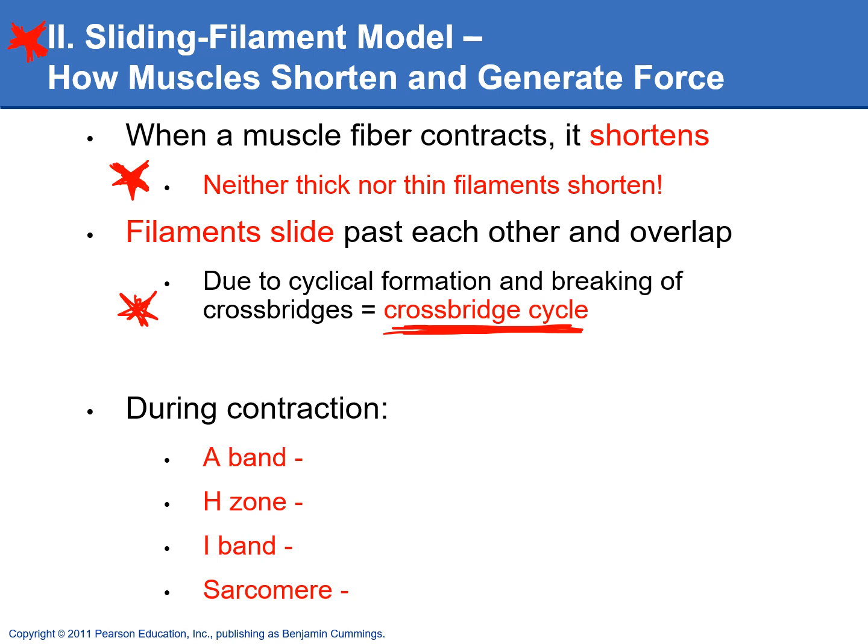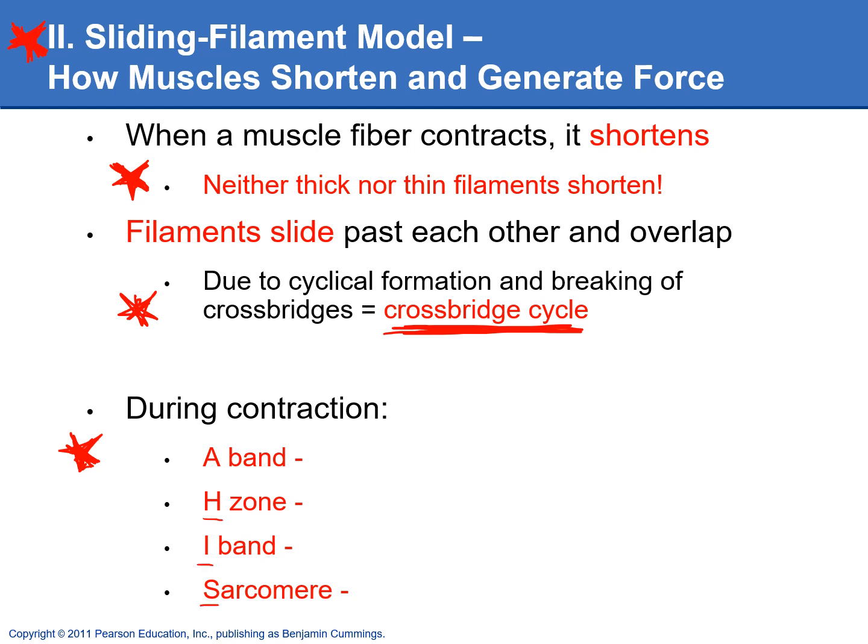All right, and then the other thing that I want you to know that would be easy to ask on the next exam is what's going to shorten during contraction when we look at our sarcomere. So the way that I remember this is I remember the word "his".